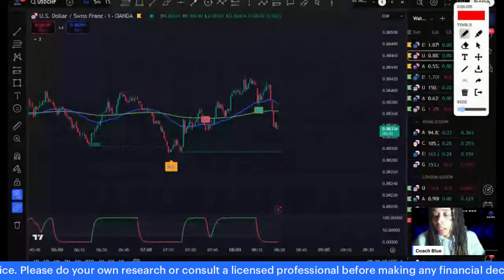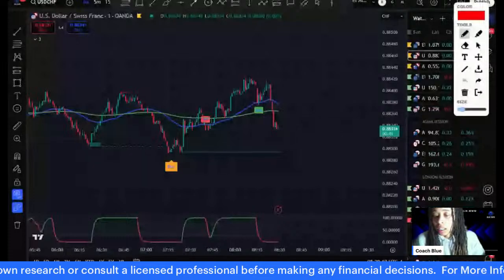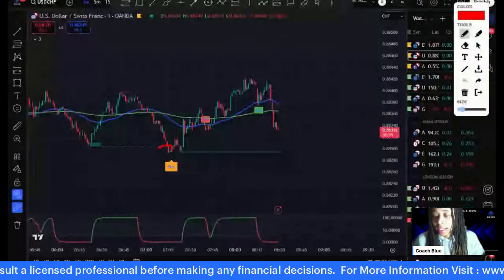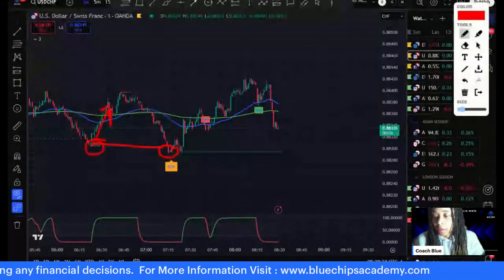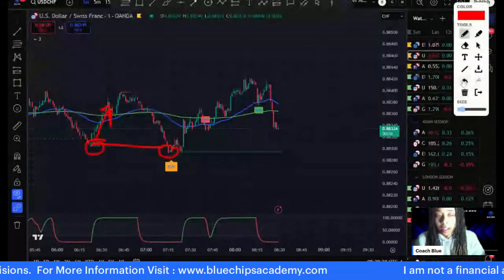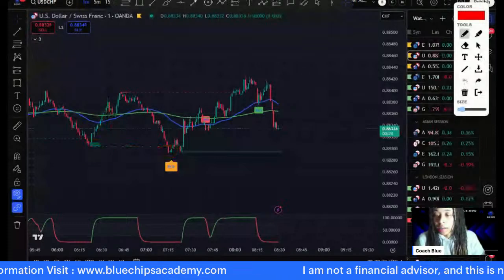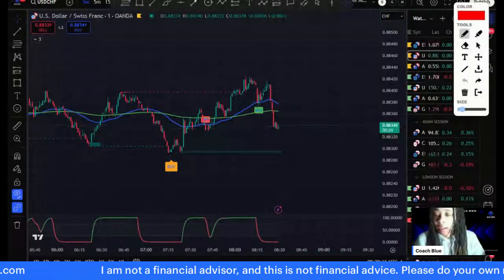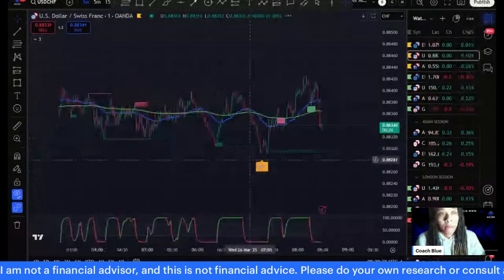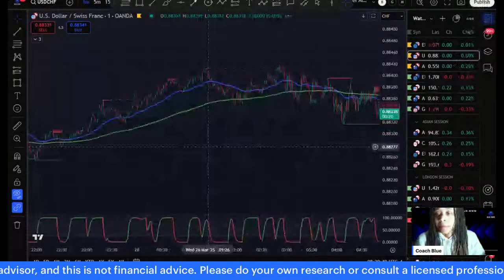But the buy that came in here was a good buy, because if we look to the left here, there was support there. So it's not even a hesitation. Just take it. Price has already shown you it wants to possibly buy there. Take it, right? So that was an example of a buy.